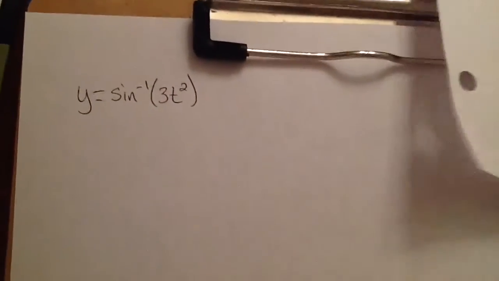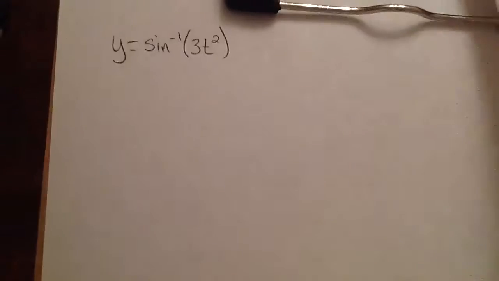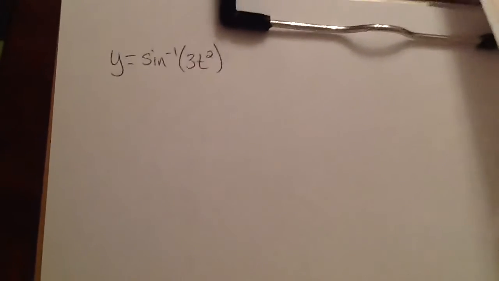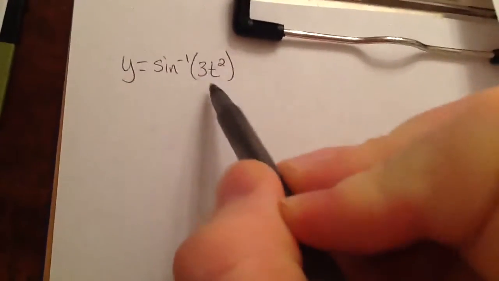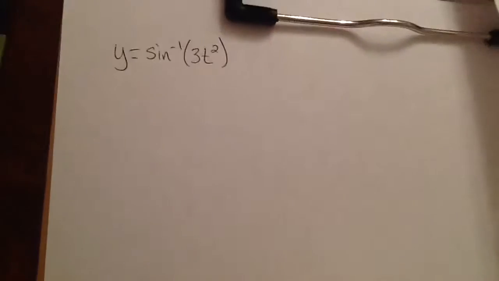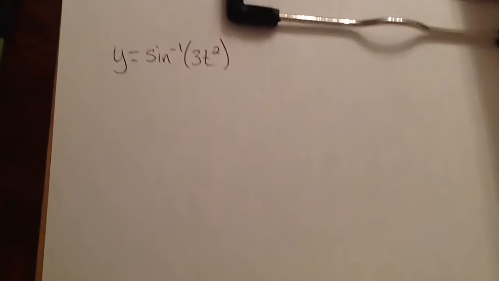And that's almost correct. However, if you remember when we did derivatives of sines and cosines, if there was anything more than just an x, or in this case t, inside these parentheses, we had to do chain rule, and that still applies here.